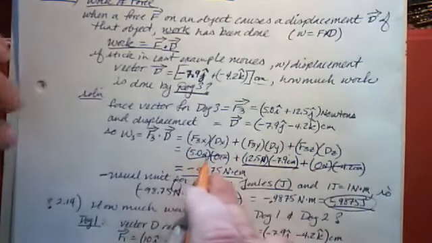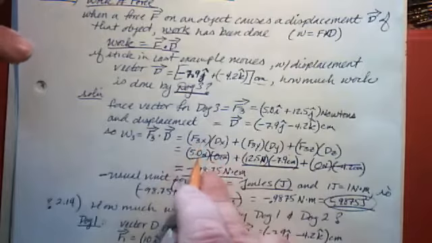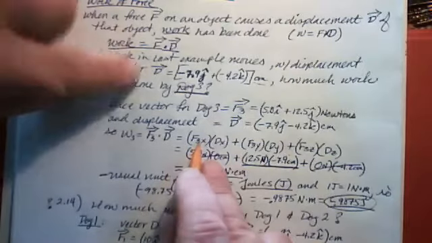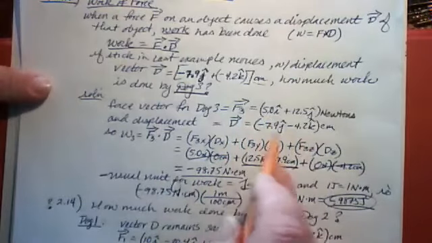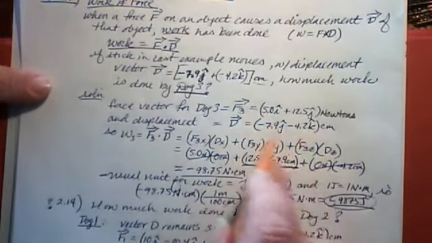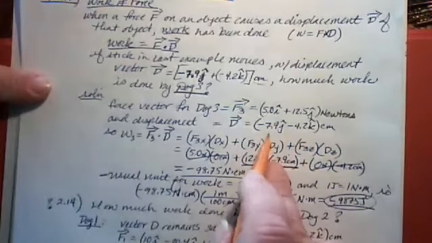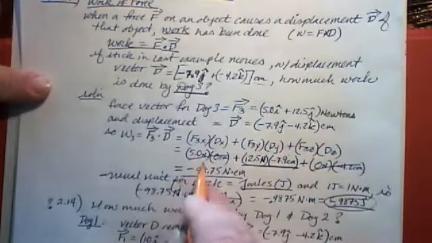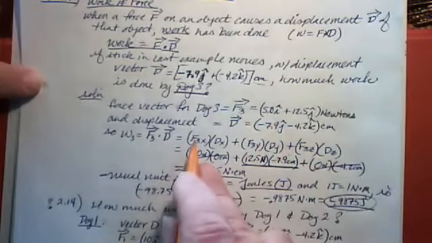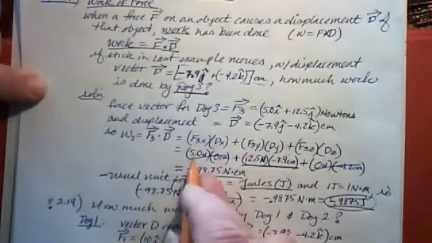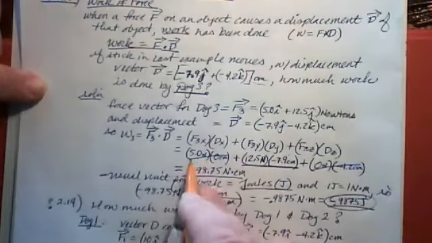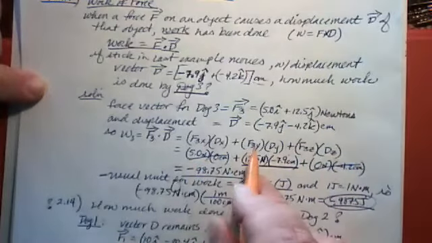Okay, so for F3, the x coordinate was 5. For D, you notice there's no i in this equation, so that implies that the magnitude of i must be 0. So the x component of F3 times the x component of D would be 5 times 0. So that's nothing, it drops out.